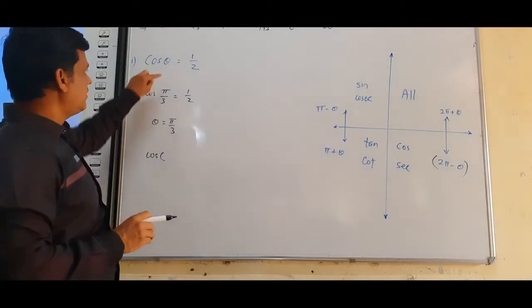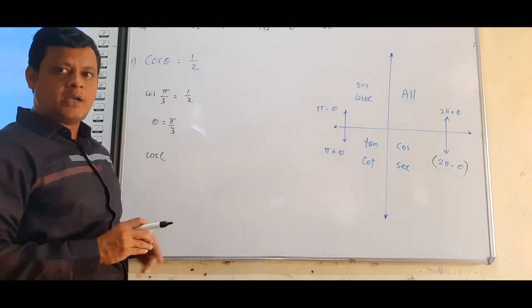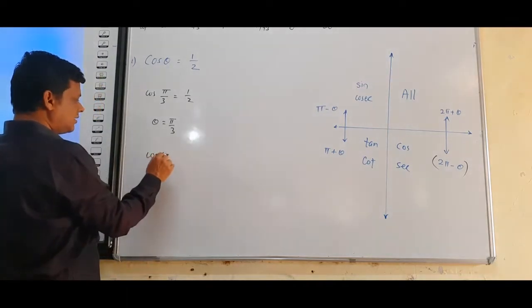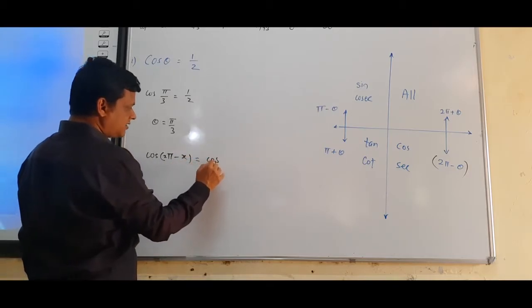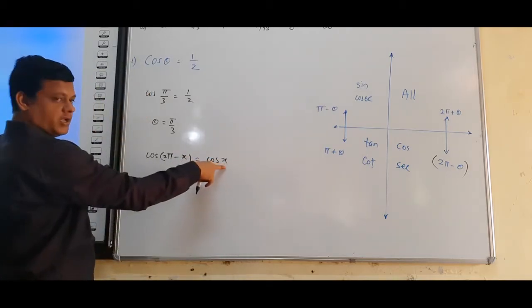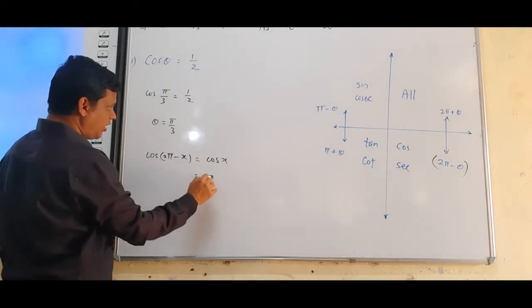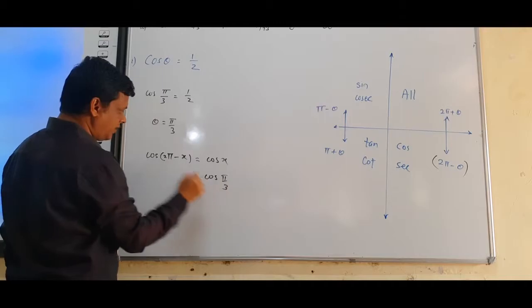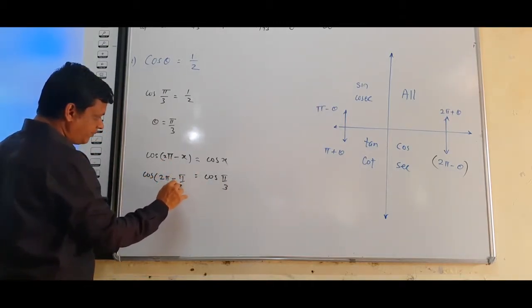Now here the angle is in theta form, so in place of theta we write the formula in terms of x. Cos 2 pi minus x is equal to cos x. Now in place of x we have here theta, so we write cos pi by 3, in LHS cos 2 pi minus pi by 3.